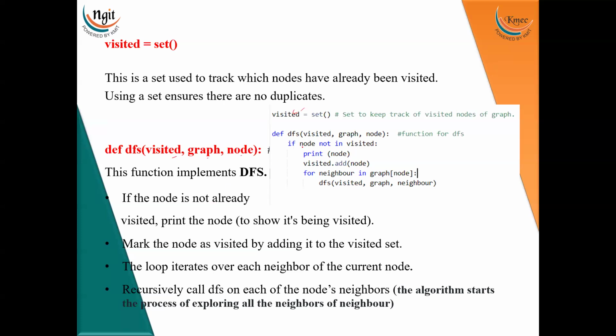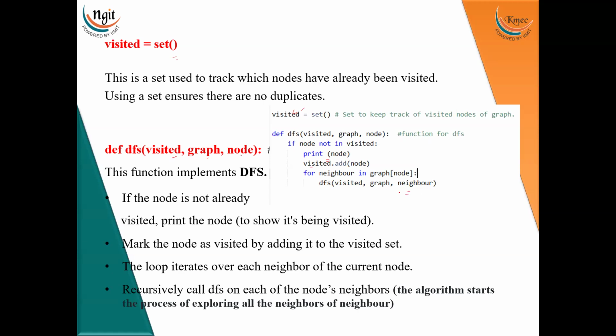We check if the node is not already visited, then we print the node. If it is not visited, it is going to print the node, and we mark it as visited by adding it to the visited set here. This loop iterates over each neighbor of the current node, and DFS is called recursively on each of the node's neighbors.